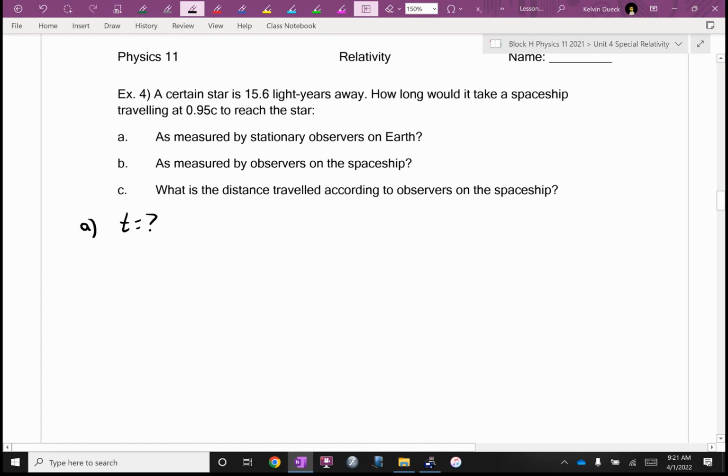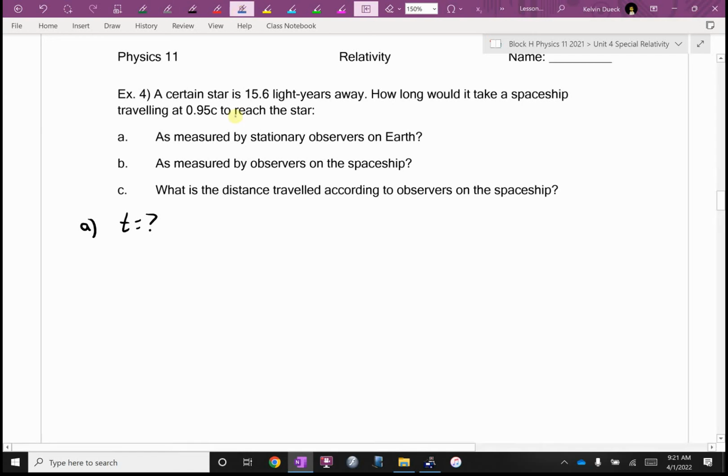Is 15.6 light years time? No. That's a distance. Is 0.95 c time? Did they give me T0? Say no. Okay, and that's important for this specific question. That tells me they didn't give me time 0. I'm not using relativity yet.